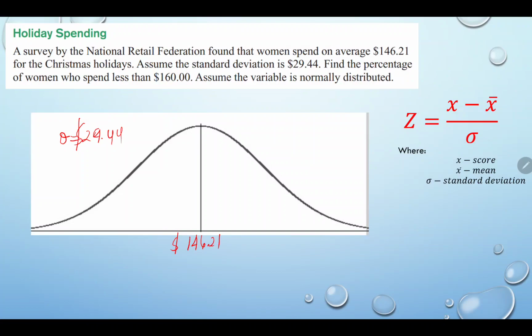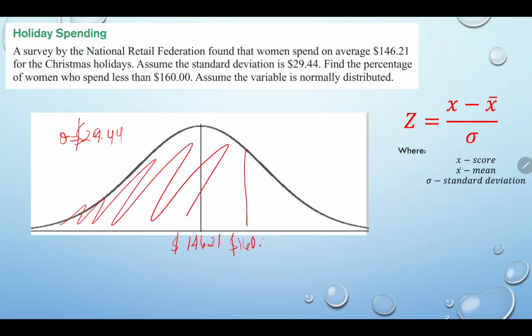We are asked to find less than 160. So here's our $160. The problem is, we don't have this kind of normal distribution in our z-table. So what we need to do is to use this z-score.